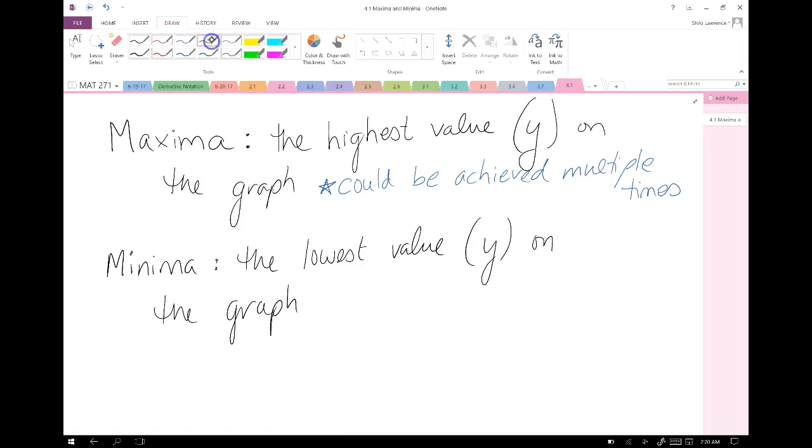And then the same thing for the minima. If you think about the sine and the cosine graph that just continuously go up and down and up and down and up and down and keep hitting those same high values and low values, those would have multiple maximas and minimas because they keep going up and hitting the same exact y values over and over again, the same highest and lowest y values.